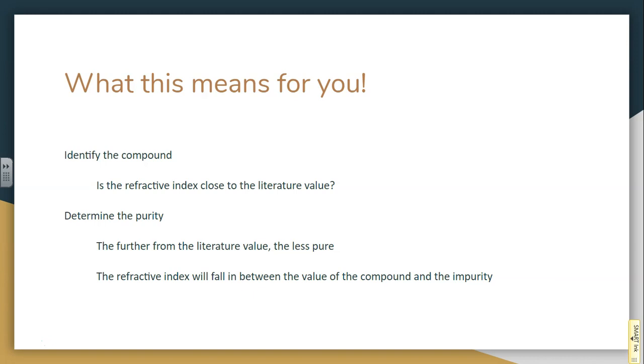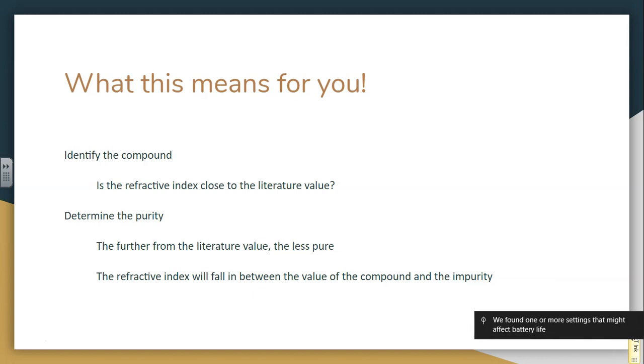The further away from the literature value your experimental data is, the less pure your compound is, and it's a fairly linear relationship. The other thing that you can know is that the index of refraction is going to fall in between the values of your impurity and of your target compound.